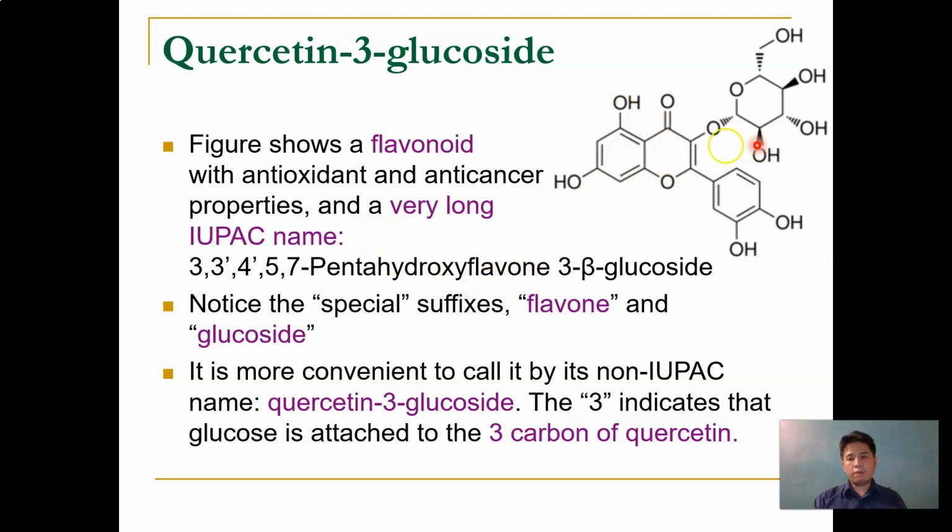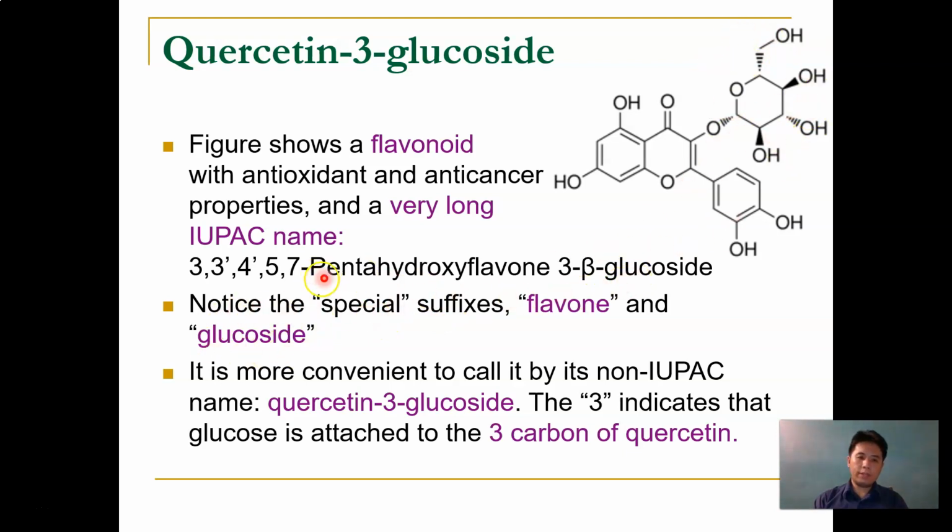And there are 5 different hydroxy groups, so this is a pentahydroxyflavone. The numbering here is also based on this parent chain, so IUPAC also specifies how you number the carbons in this special chain. And this one is a glucose, that's why it's 3-beta-glucoside. So special suffixes: flavone and glucoside. This is basically a glucose.